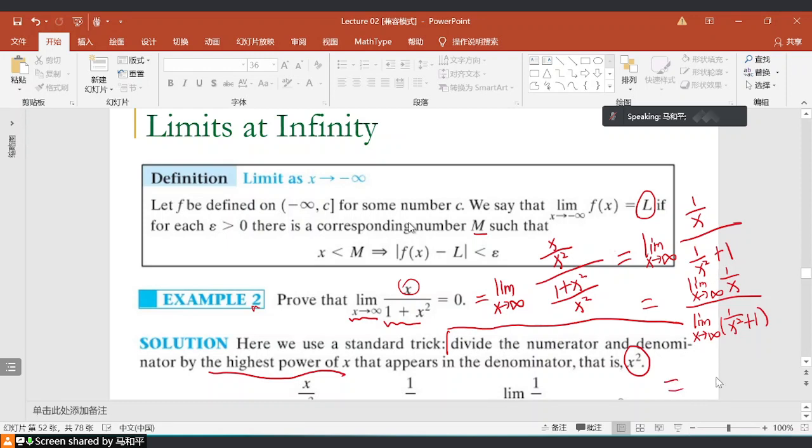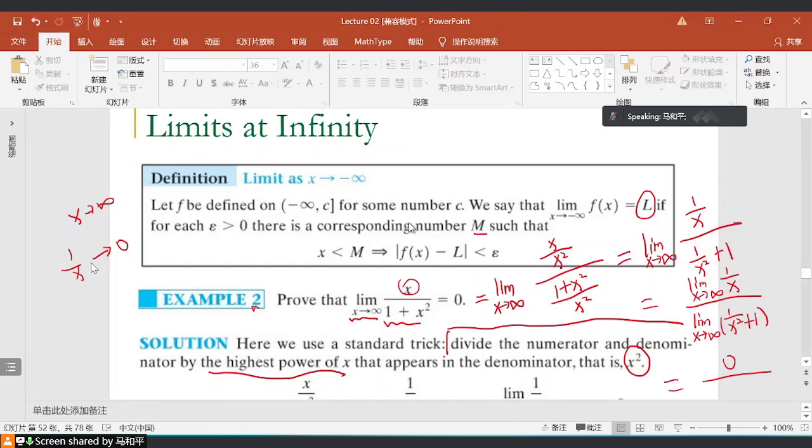And then we see the numerator: x gets larger and larger without bound, so 1 over x gets smaller and smaller and approaches 0. So the numerator is 0.